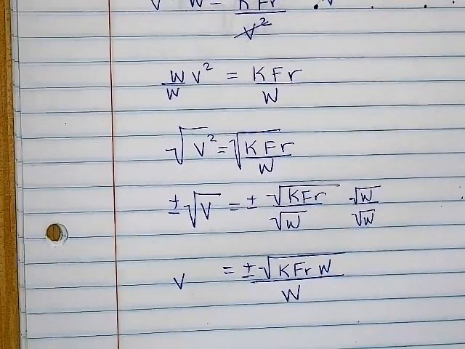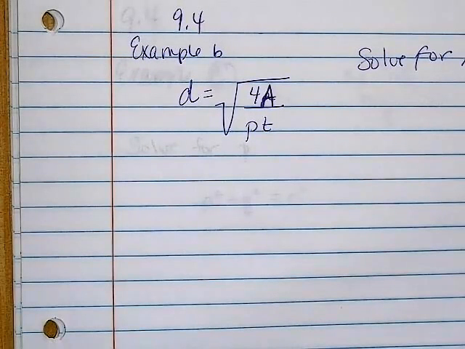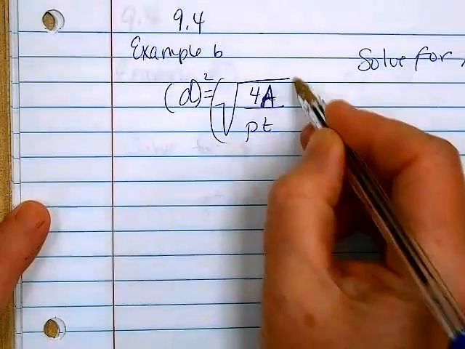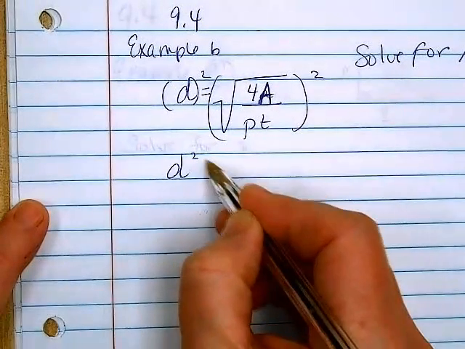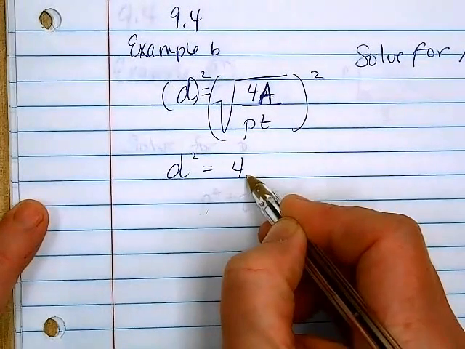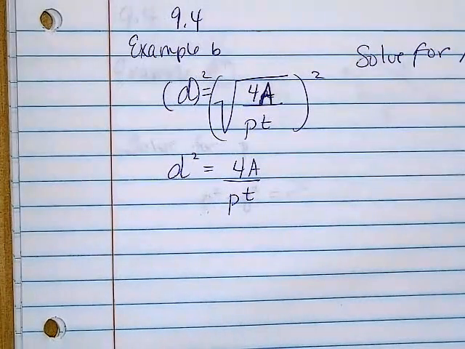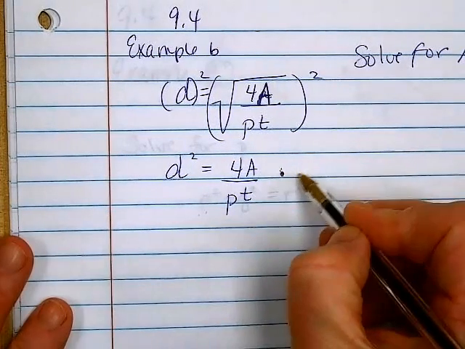Okay, next example. Example B. We want to solve for A this time. So we're going to have to square both sides. So I'm going to square this side and square this side. So I get D squared equals 4A over PT. Now I want to get PT removed from the bottom of the fraction.